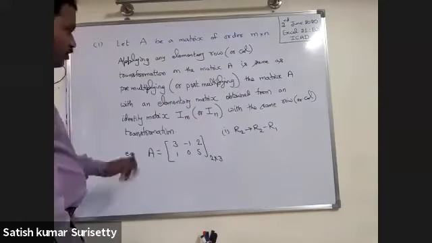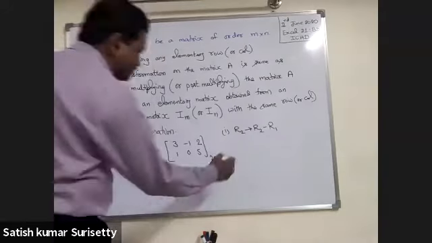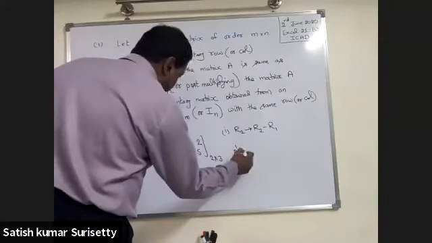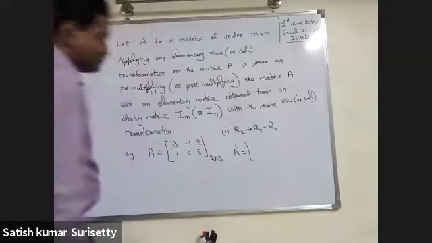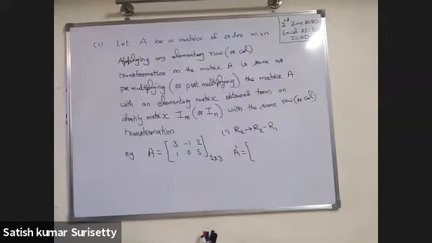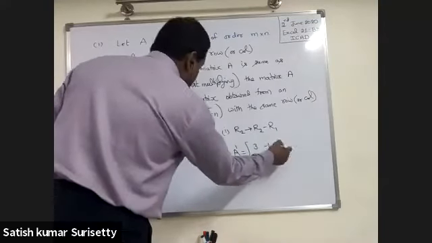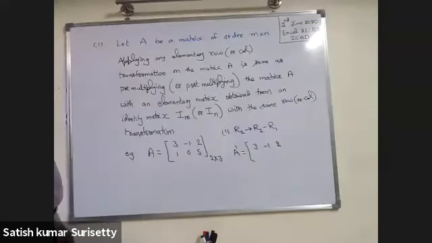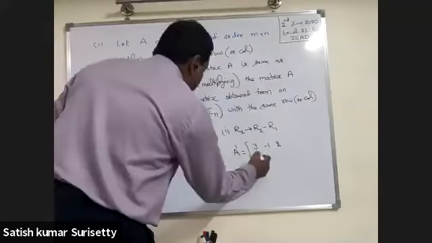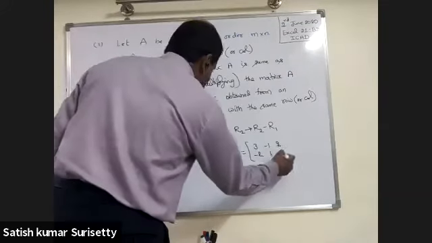Tell me the new matrix now, A dash. When you apply R2 to R2 minus R1, the first row will be as it is, 3 -1 2. Now what about the second row? -2 1 3.